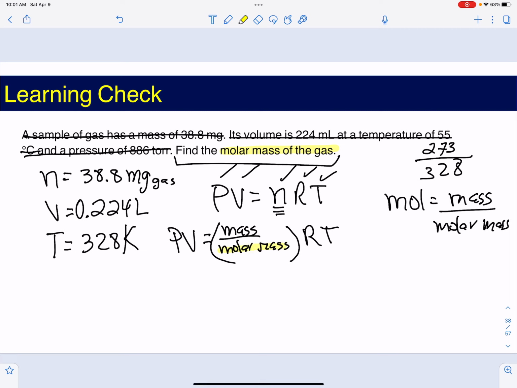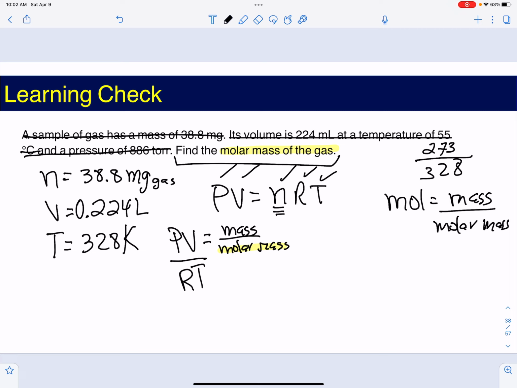So let's leave it by itself first. I'm going to divide by RT on both sides. That means that cancels, so I can get rid of it. So there's no need for a parenthesis anymore. And now I want to leave molar mass by itself. What I like to do in this case, what I'm looking for is in the denominator. I want it to be on top.